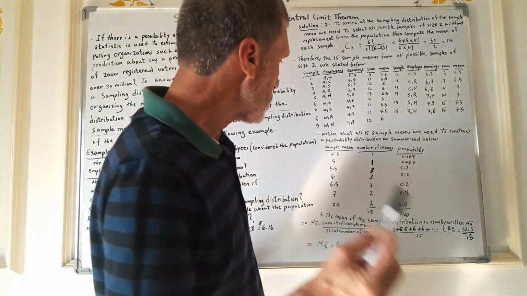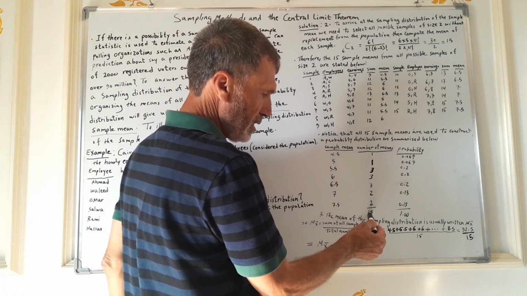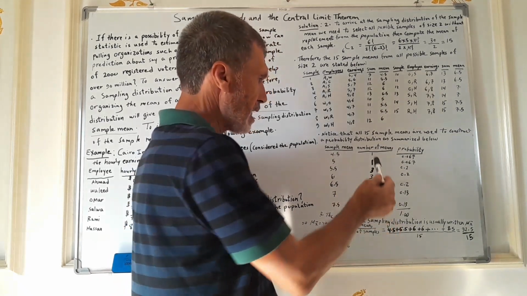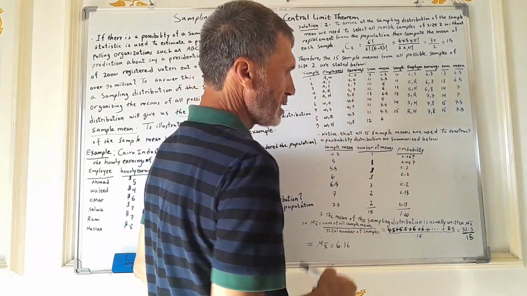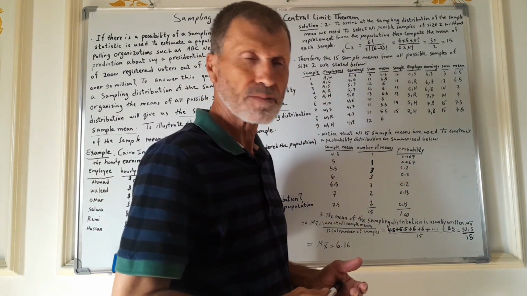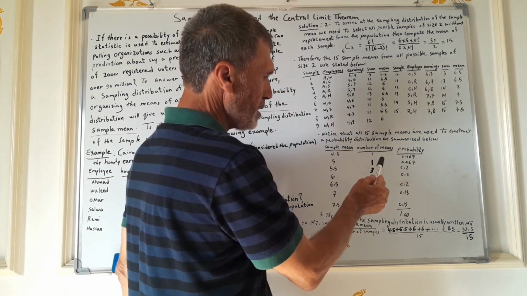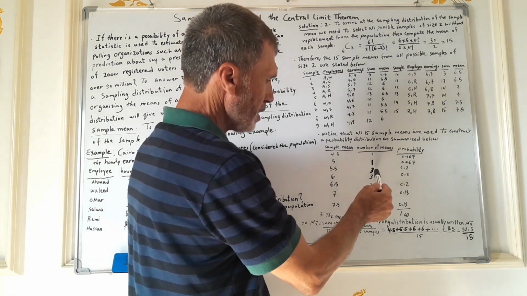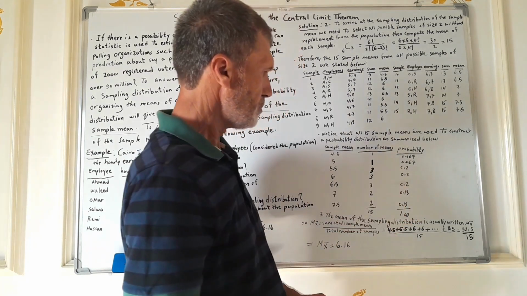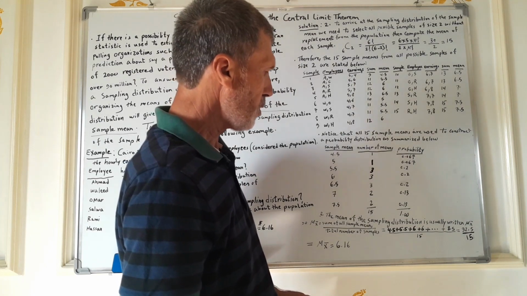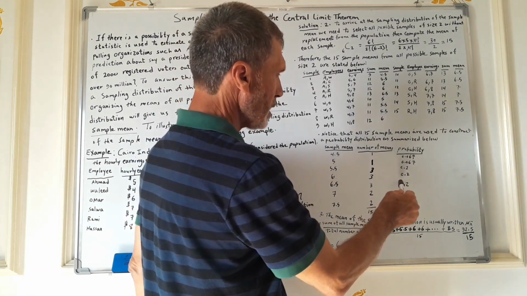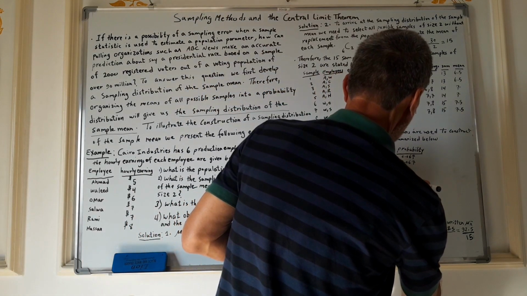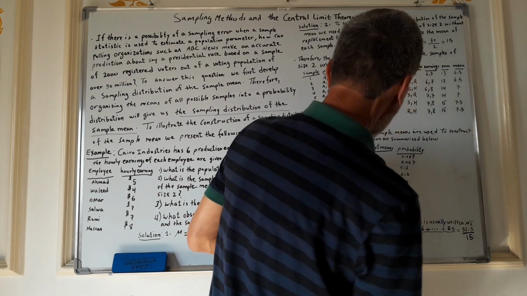What about the probability? We have 15 as the total number, and we have 1 for 4.5. So the probability is 1 over 15, we get 0.067, or 6.7%. The same thing for 5, the probability is 1 over 15, 0.067. 3 over 15, we come up with 0.2. 3 over 15, we get 0.2. 3 also, we get 0.2.